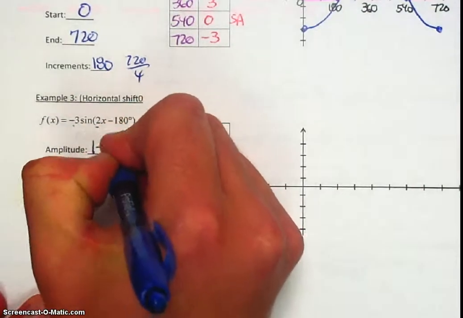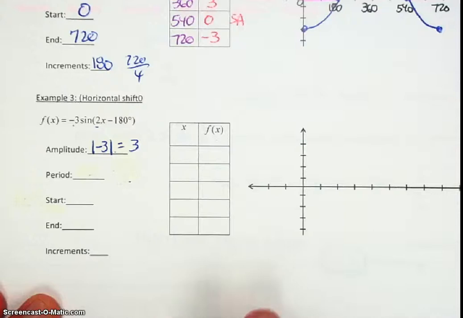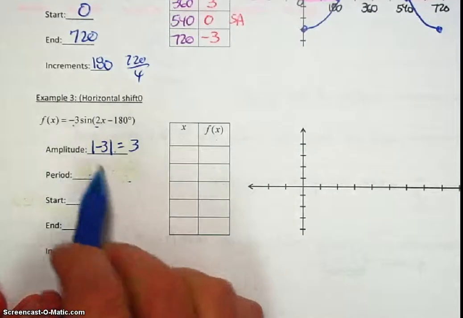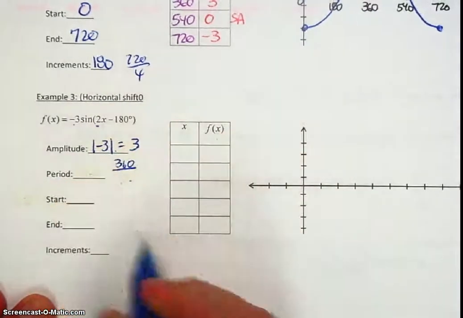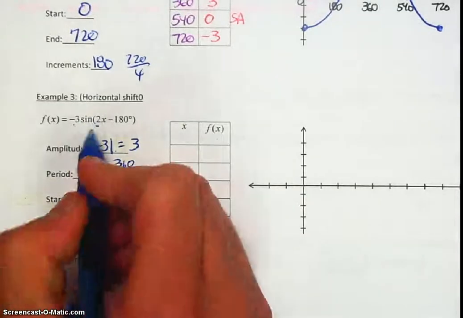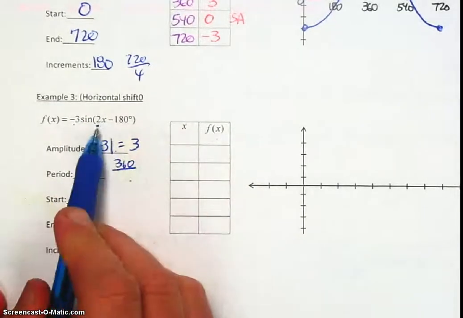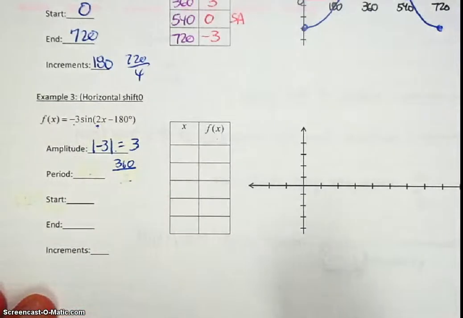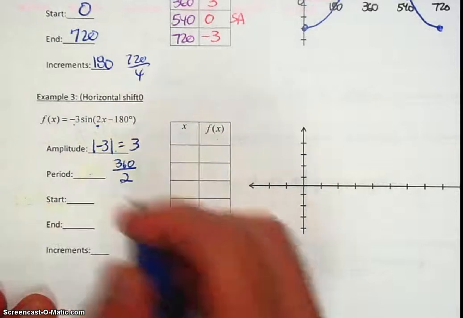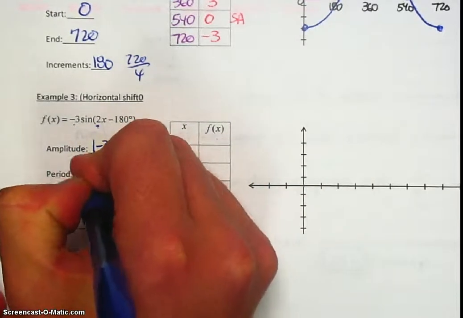So we take the absolute value of -3, which is positive 3. To find the period, we do the same thing. We take 360 and divide it by b, and b in this case is 2. I know that 2 is inside the parentheses, but that just means b has been distributed. So it doesn't matter whether it's inside or outside, it's the number in front of x. So we divide 360 by 2 and we get 180.